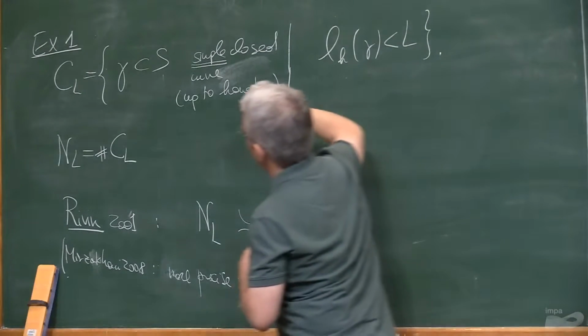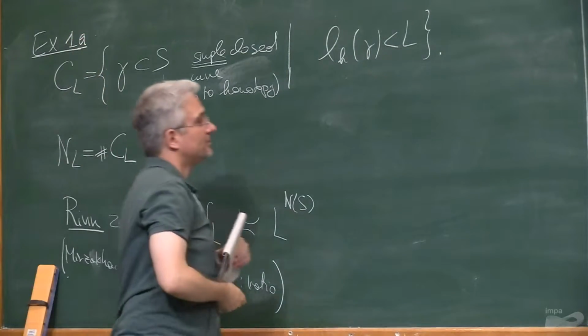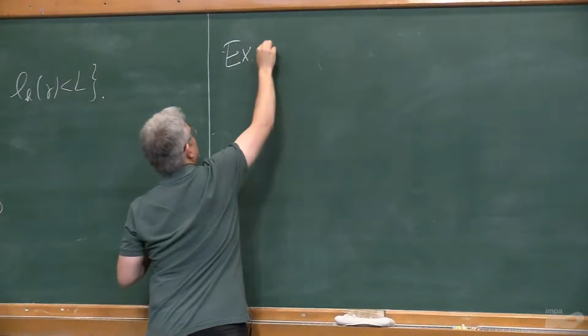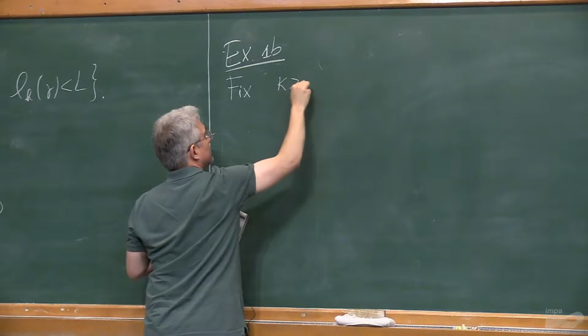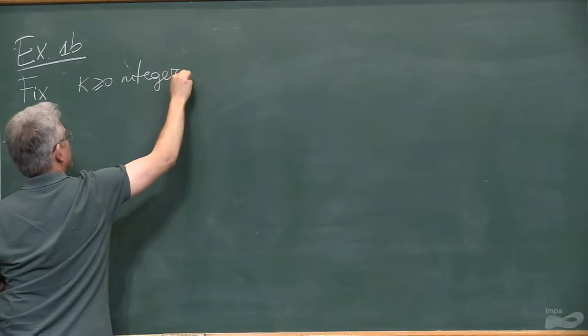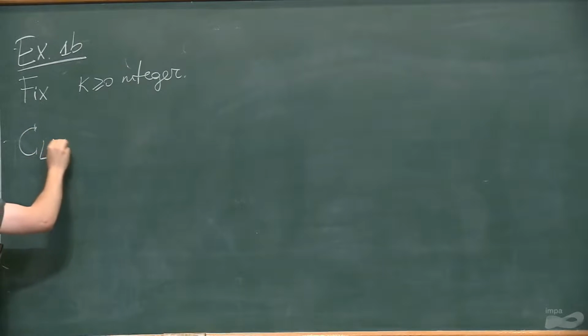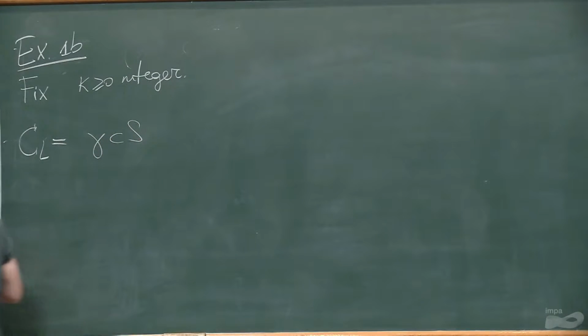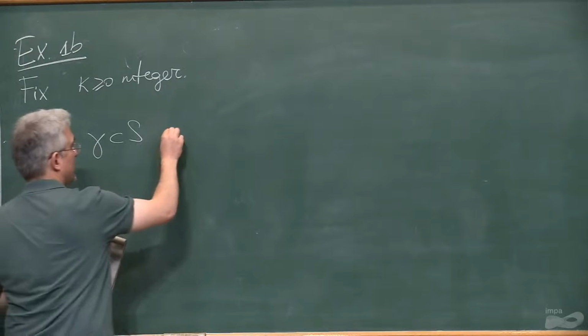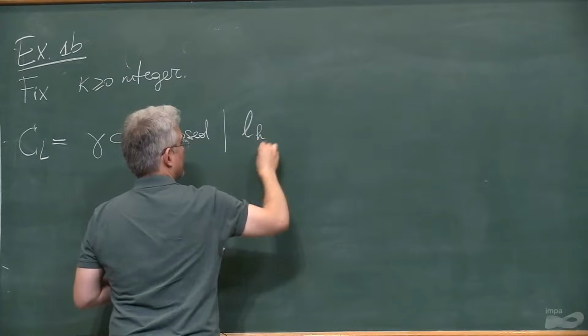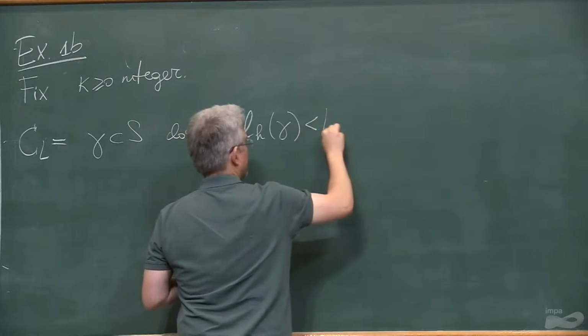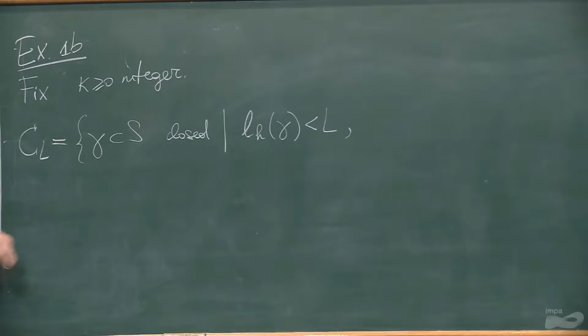Let me call this example 1b. Let's fix a non-negative integer k, and let's look at the set of homotopy classes of closed curves such that the length of gamma is at most L, and we want the curve to have at most k self-intersections.